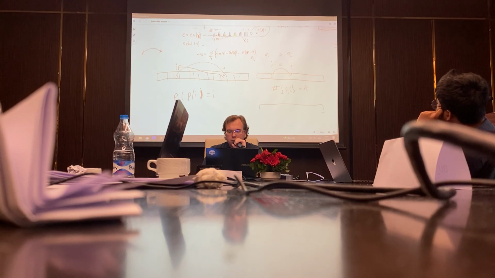Firstly, take some permutation P with some number of inversions equal to k. Let us look at the inverse permutation of it. It will have the same number of inversions.